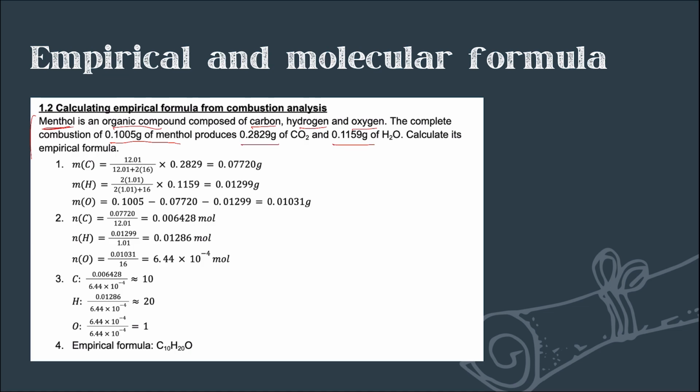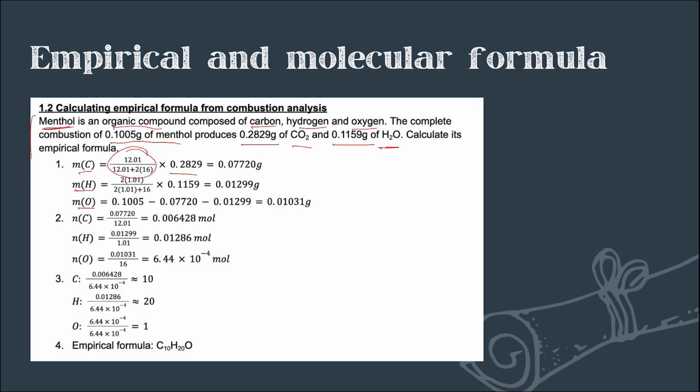Calculate the empirical formula. So what I do is I need to calculate the mass of carbon, hydrogen, and oxygen in each of these compounds. I do this by multiplying the proportion of carbon in CO2 by the mass of CO2. The AR of carbon is roughly 12, or 12.01 to be precise, and the AR of oxygen is 16.